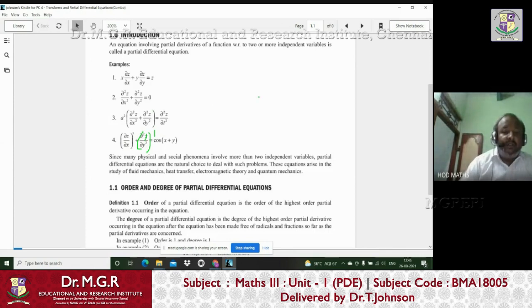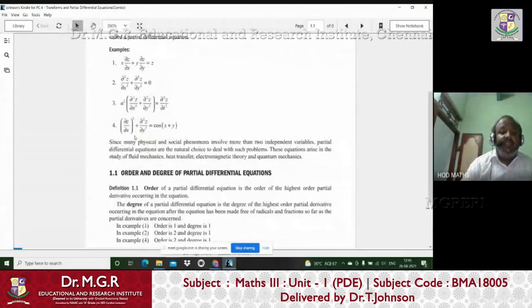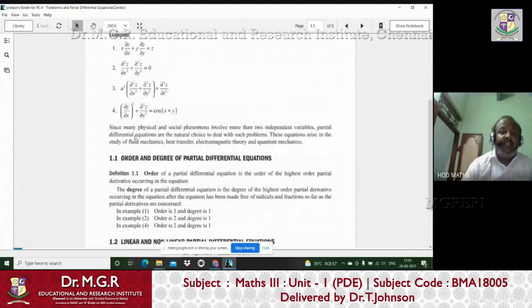So what is the highest order that we have to check? Here the highest order is 2, so that is the order of the equation, and then the power of the highest order, that is very, very important. Some people see this number 3 and simply say degree 3. It is not degree 3, right? Here the degree is also 1. Degree is nothing but the power of the highest order.